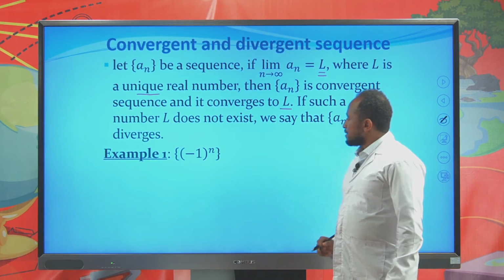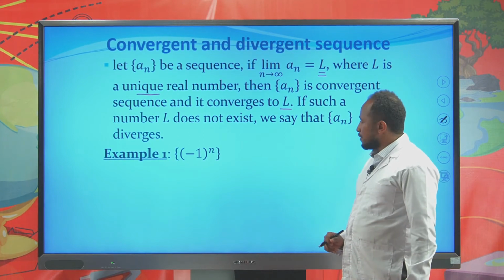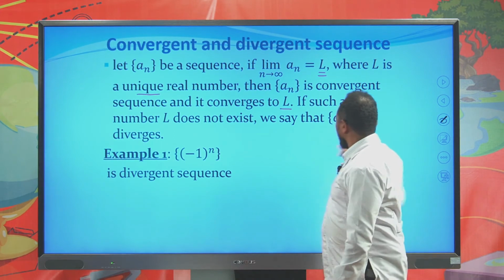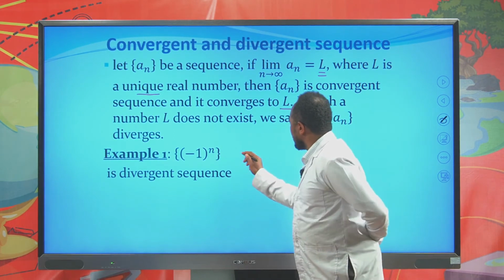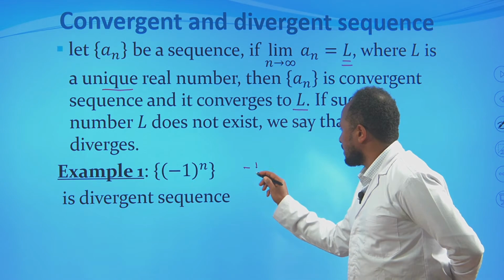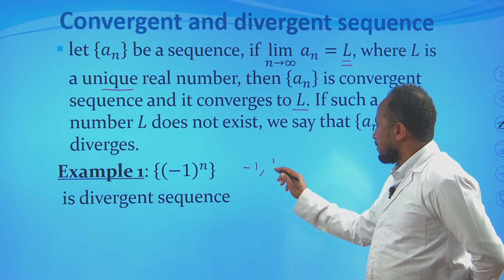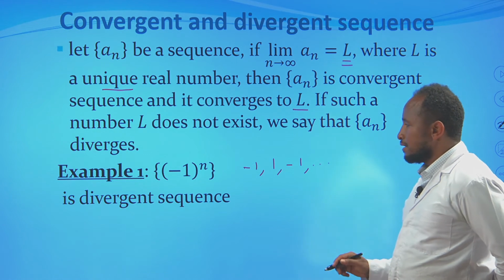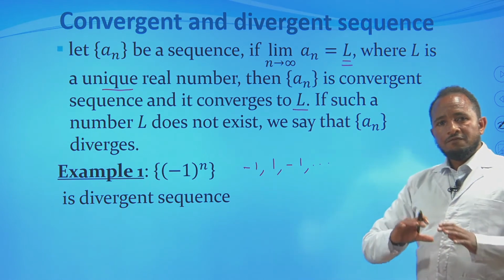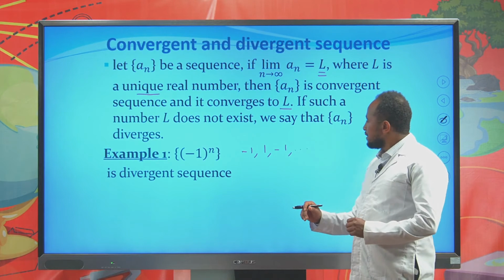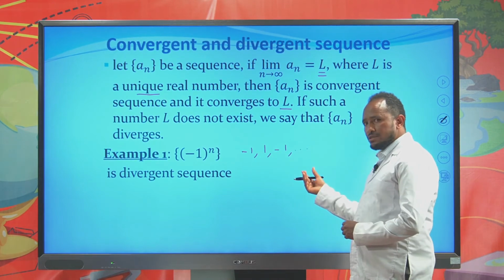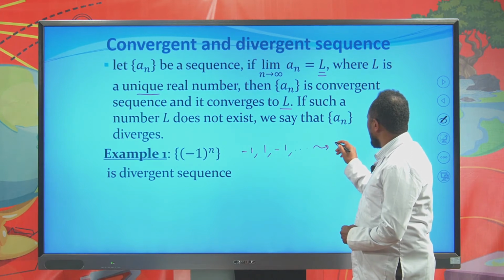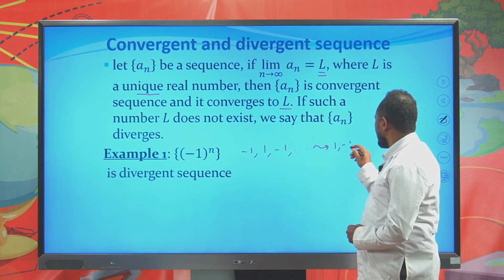When you see this sequence, the terms, if you list the terms of this sequence, the first term is -1, the second term 1, the third -1. It goes on like this. So at infinity, this sequence goes to 1 or -1.